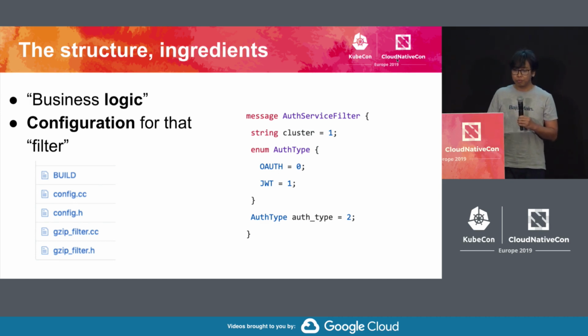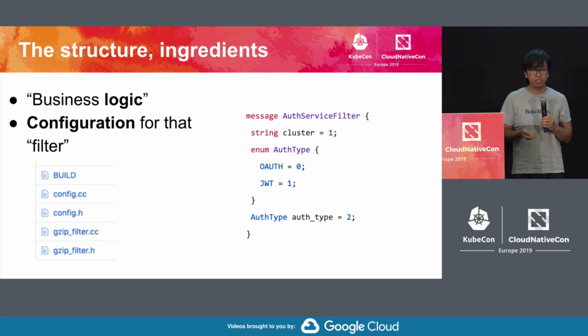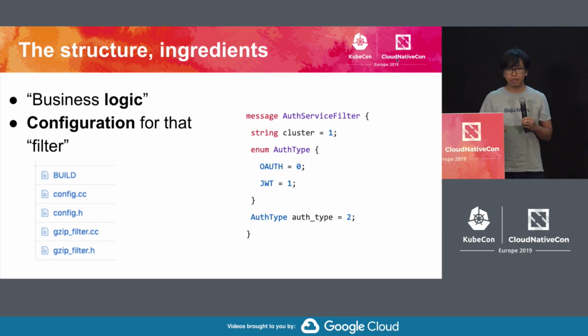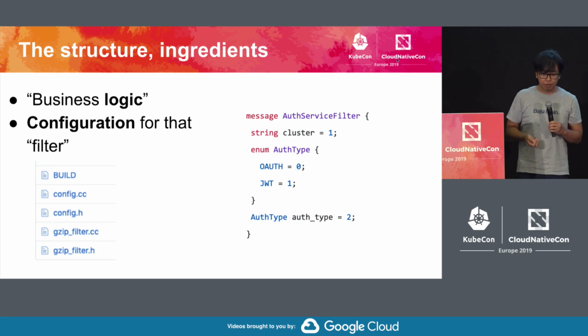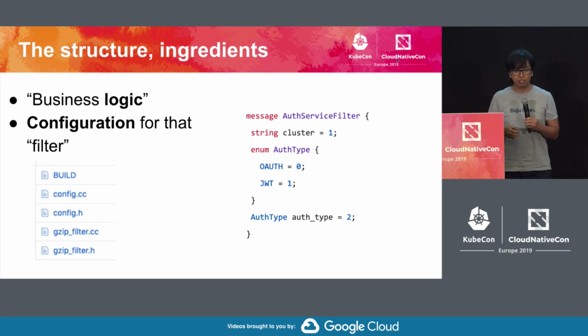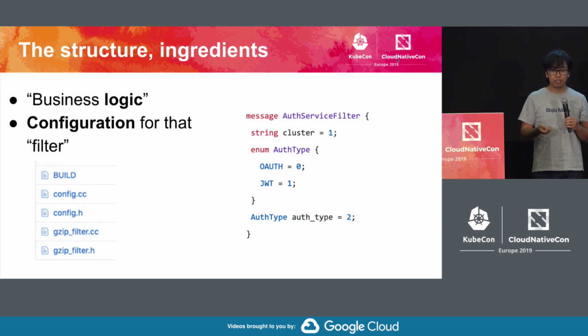Another important thing is the configuration on how that filter behaves just like what you want. The problem with this is that the code, the business logic, should be inside the Envoy.